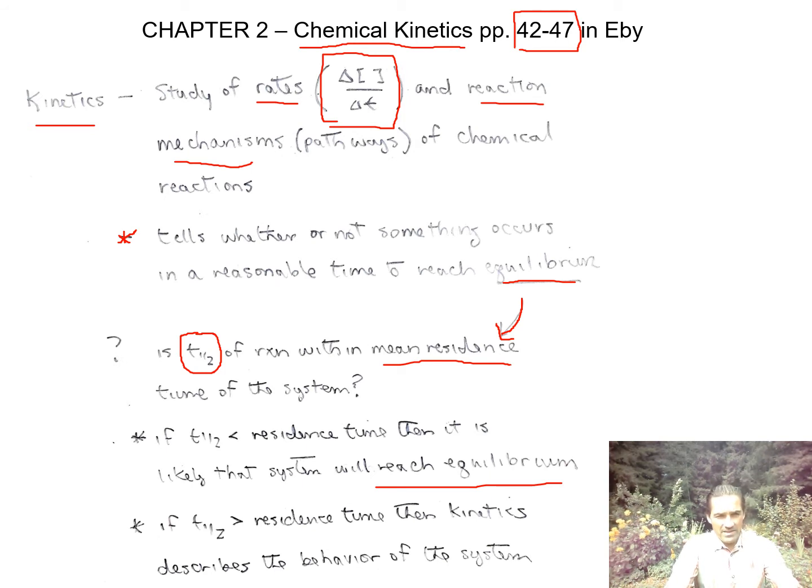And then we can say that if the half-life is much greater than the residence time, that's saying that the reaction is taking longer than what we assume to be the residence time, then we need to actually use kinetics to describe the behavior of the system. And thermodynamics is not the best way because it's not at equilibrium.